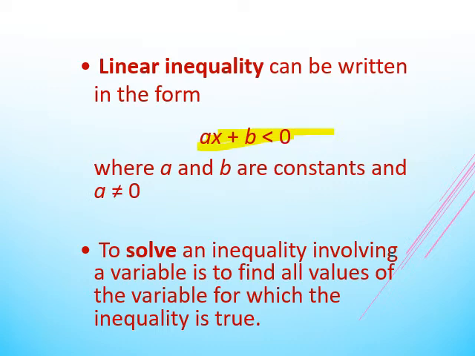To solve any inequality involving a variable, we should find all values of the variable which make the inequality true. I mean that we will solve by using all tools to get the value of x, if x is an unknown variable.